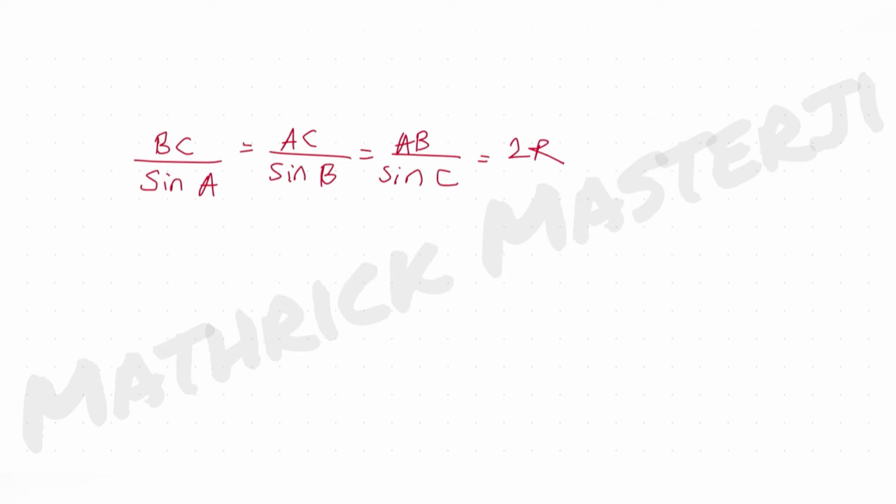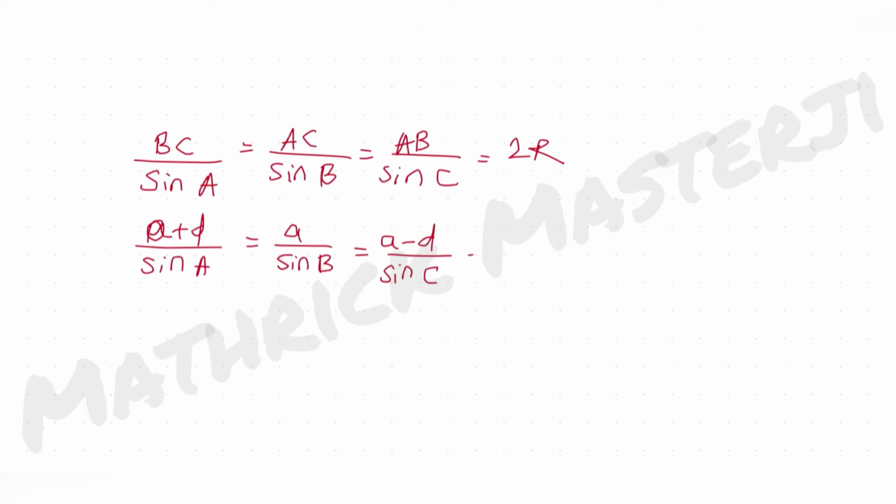Further, if I try to solve this, BC is the side of measure a plus d, so a plus d over sine A. AC is a, so a over sine B, and the smallest side a minus d over sine C.